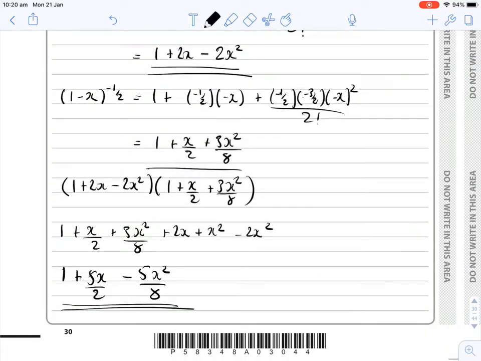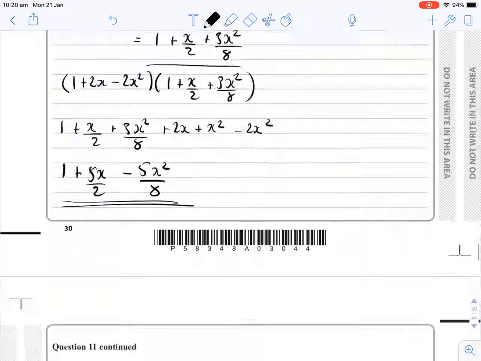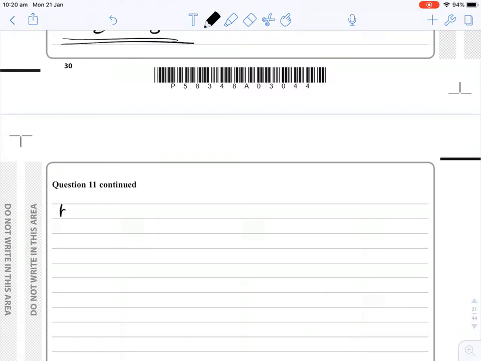Part B, a student substitutes x equals a half into both sides of the approximation shown in part A in an attempt to find the approximation to root 6. Give a reason why the student should not use x equal to a half. So for part B, if we look at our validity tests, then we can easily see this and pick up the mark that we need.